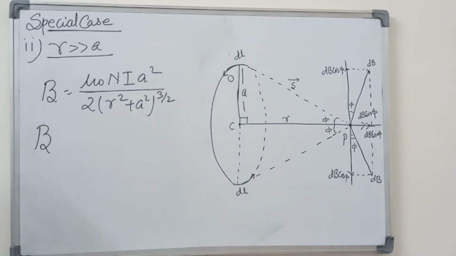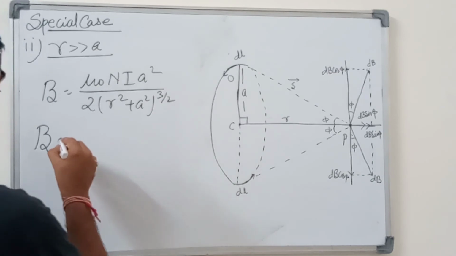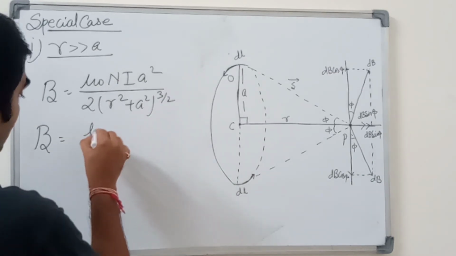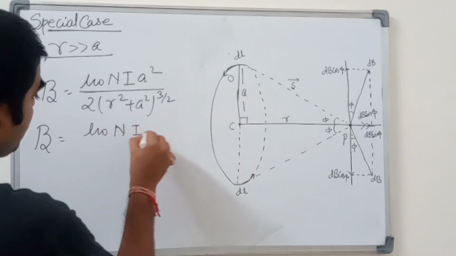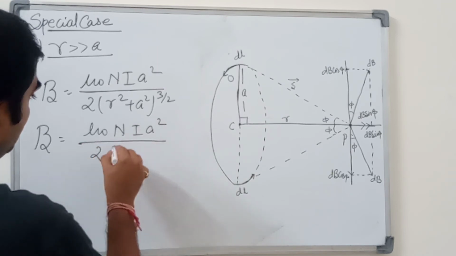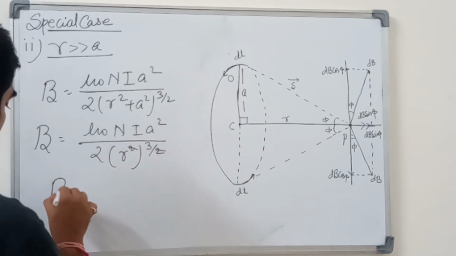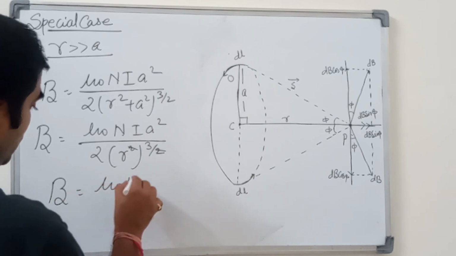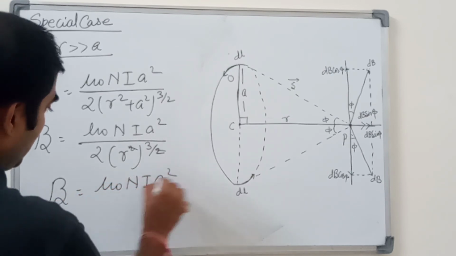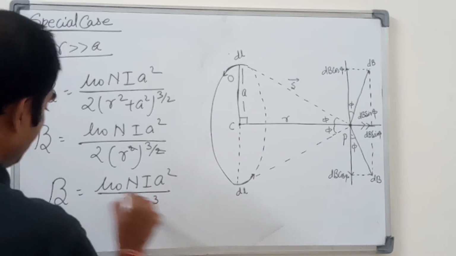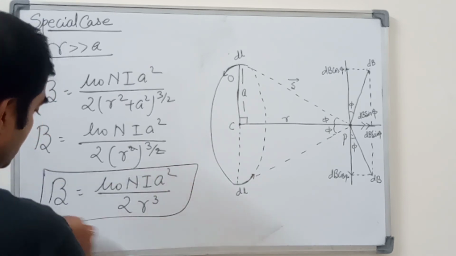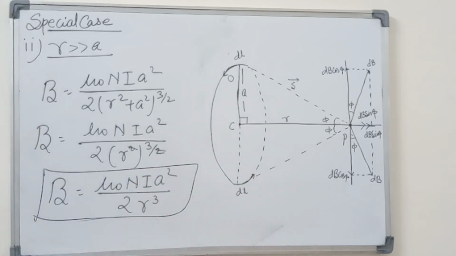Now r is much greater than a, so a square is neglected, only r square remains, and the 2 and the power 3 by 2 cancel out. So B is equal to mu 0 n I a square upon 2 r cube. Again this is the magnetic field. So all students write down.